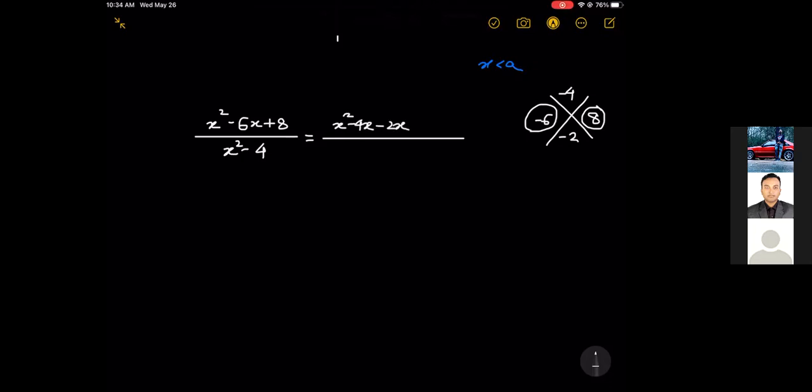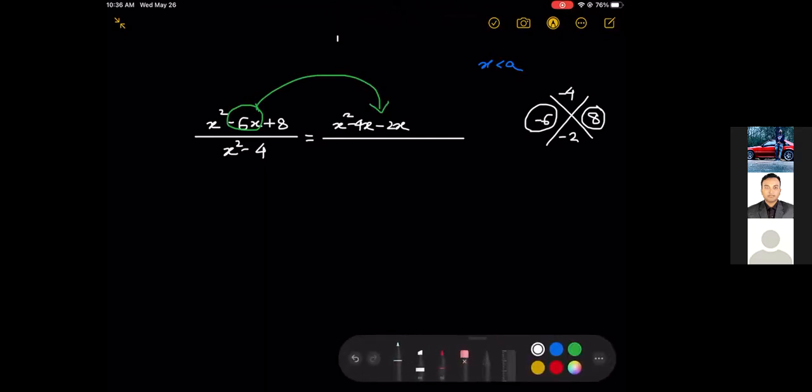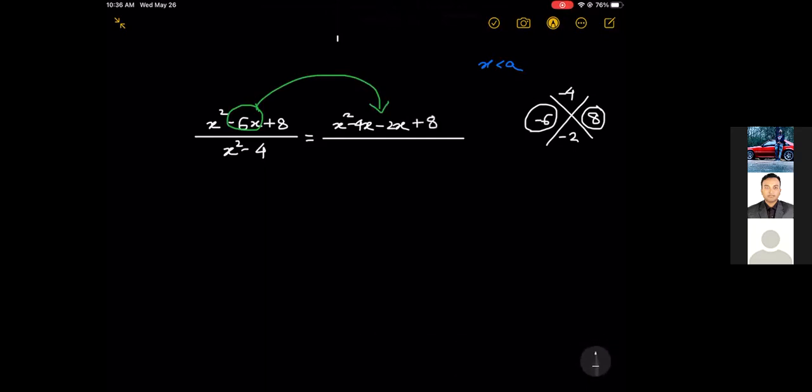This minus 6x can be rewritten in this way, and we have plus 8. So x minus 4 times x minus 2. And of course, for the denominator, we already know this formula, right?